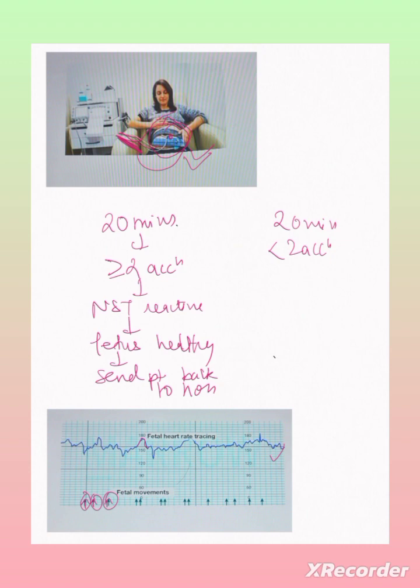If in the first 20 minutes it is coming less than 2 accelerations, I will repeat the NST for 20 more minutes. So if in total 40 minutes, again I get less than 2 accelerations, then I will say NST is non-reactive. Not initially.